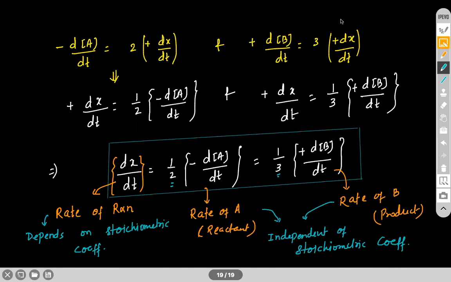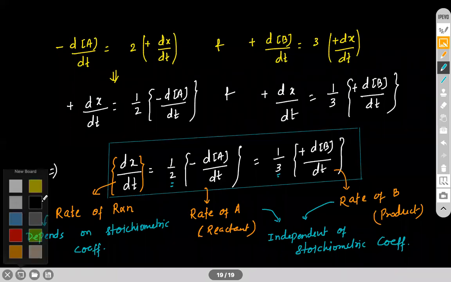Hence, it can be calculated even if the reaction is not given. Correct? Done? Yes, sir. Okay.